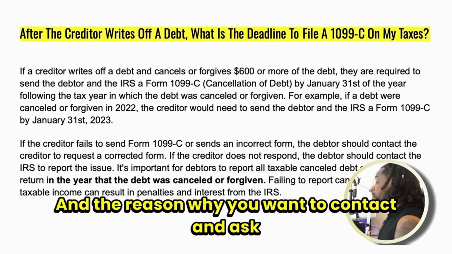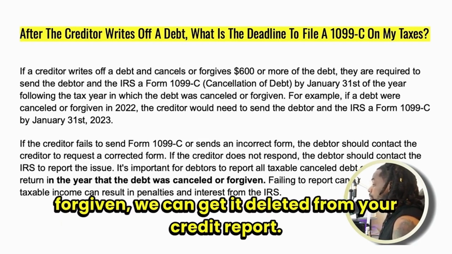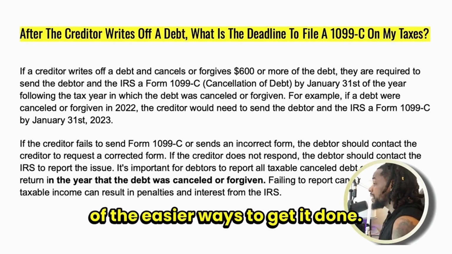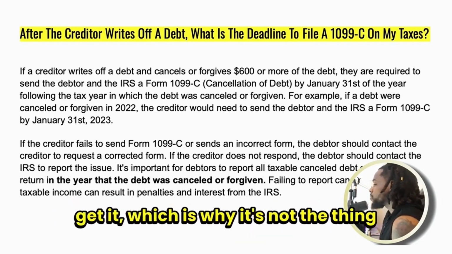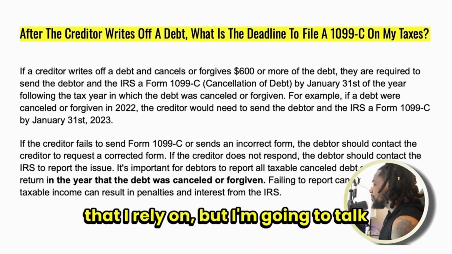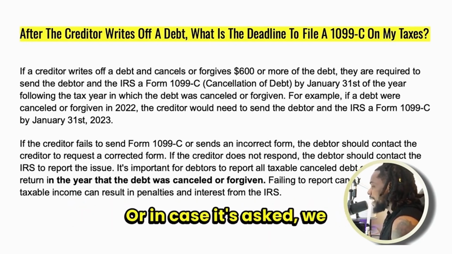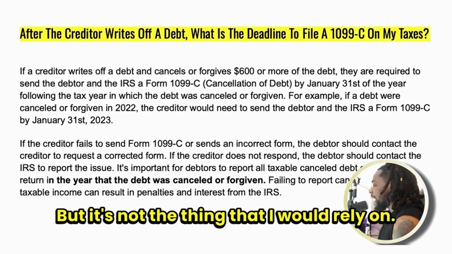And the reason why you want to contact and ask for one is because once the debt is canceled or forgiven, we can get it deleted from your credit report. And I would say 1099-Cs are probably one of the easier ways to get it done. You just can't always guarantee that you're going to get it, which is why it's not the thing that I rely on, but I'm going to talk about it just so that you're aware, or in case it's asked, we might as well just address it.